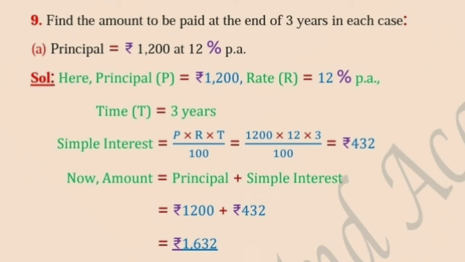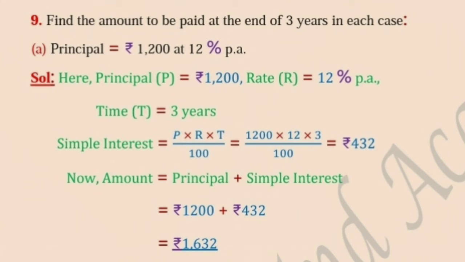Sum number 9. Find the amount to be paid at the end of 3 years in each case. A. Principal is equal to 1,200 rupees at 12% per annum. Solution: here principal P is equal to 1200 rupees, rate R is equal to 12% per annum, and time T is equal to 3 years. We have to find out the simple interest.